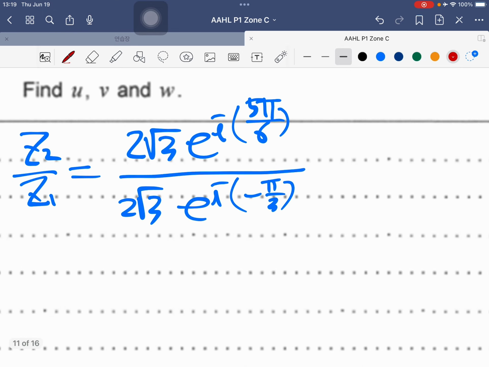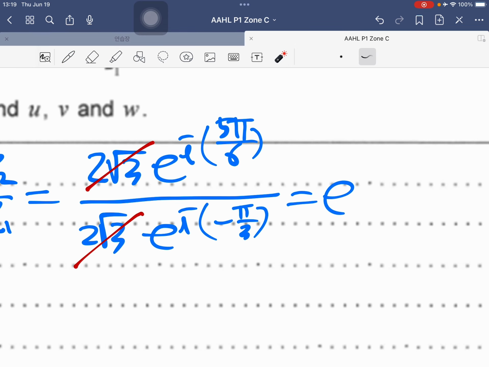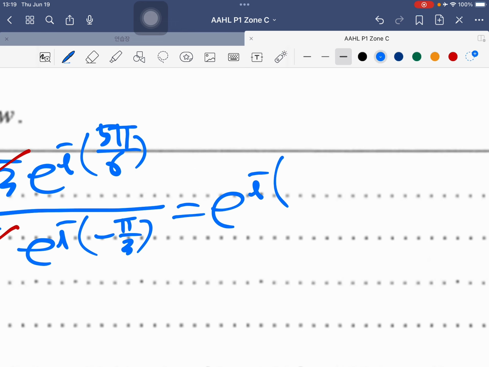So this 2 square root 3 cancels out, becomes 1, and then by De Moivre's theorem, this argument minus this argument. So we can say e to the i of 5 pi over 6 minus pi over 3.